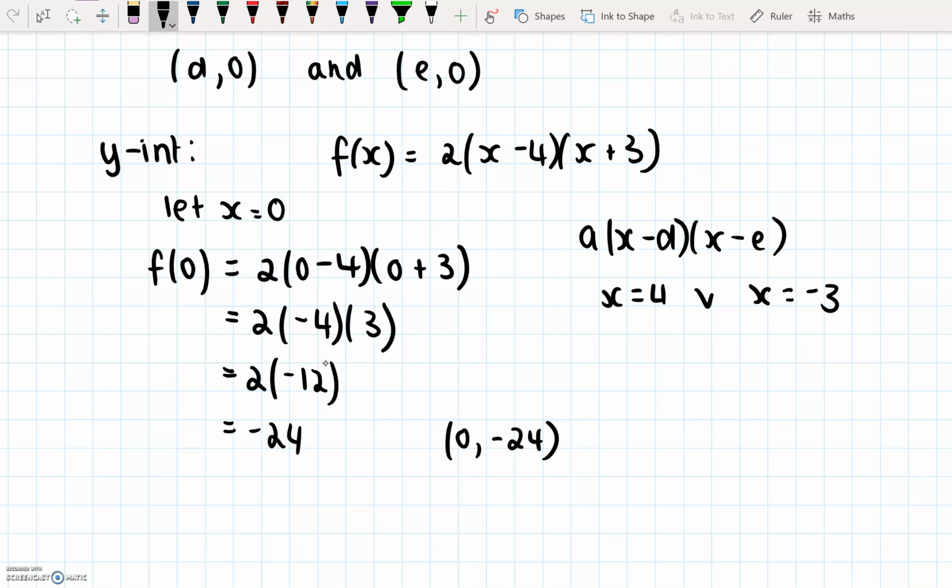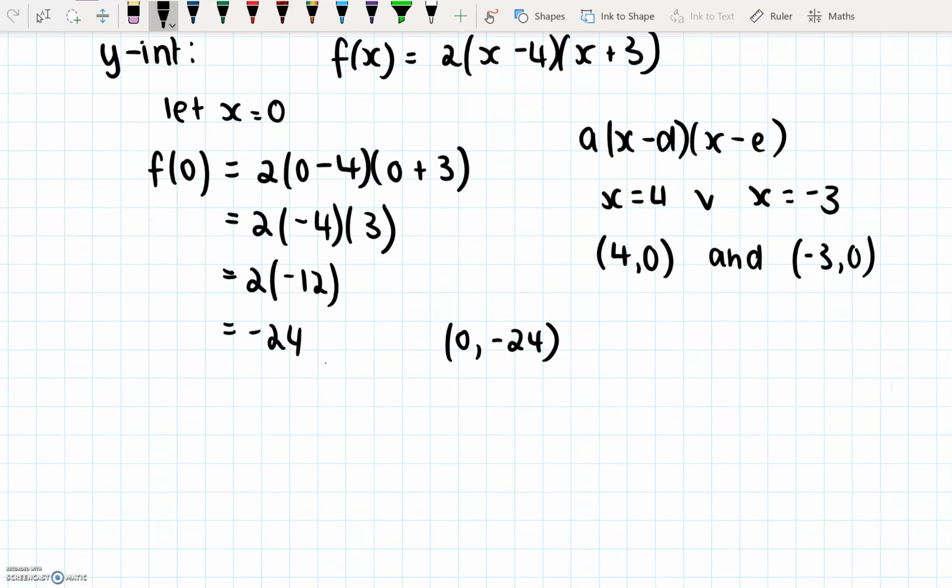If we put −3 in place of the e, it will become plus 3. So our x-intercepts are (4, 0) and (−3, 0). Now with this information, we can think about how to graph this function.